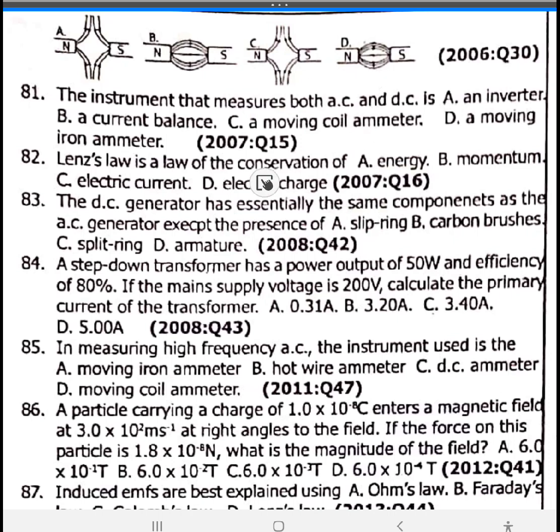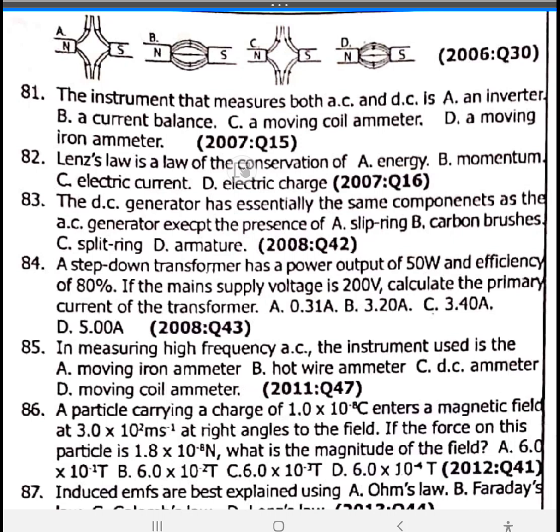81. The instrument that measures both AC and DC. Remember, AC would be hot wire, moving iron. Imagine you put a wire on top of fire and heat the wire, then you are able to make the wire move.